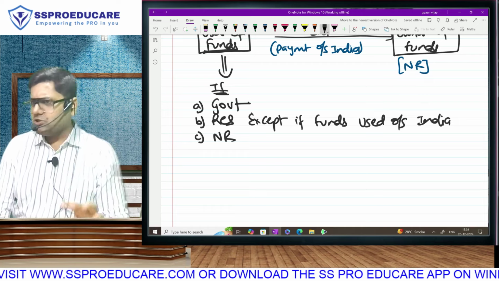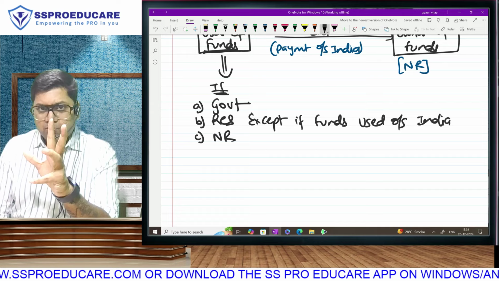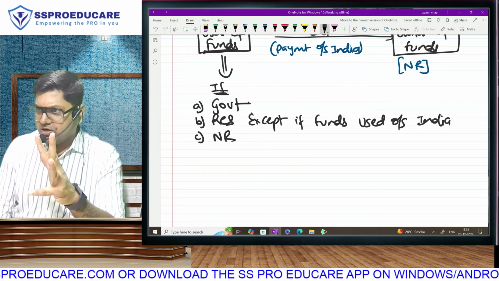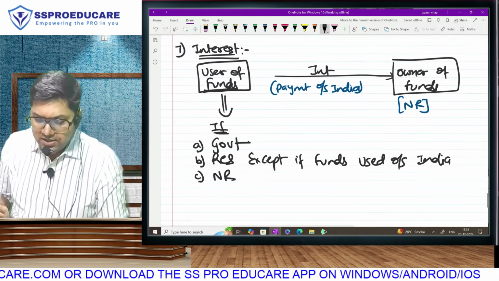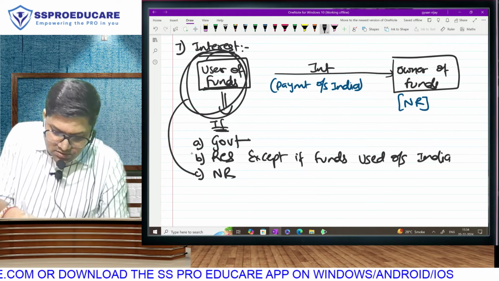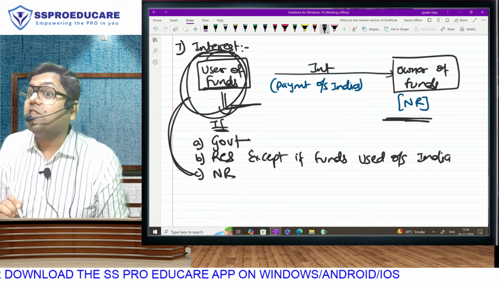If you have really understood the explanation about interest, the third point, which is incomplete right now, you will be able to complete it with me. Please understand, this time the borrower is a non-resident, which means one non-resident is paying interest to another non-resident.